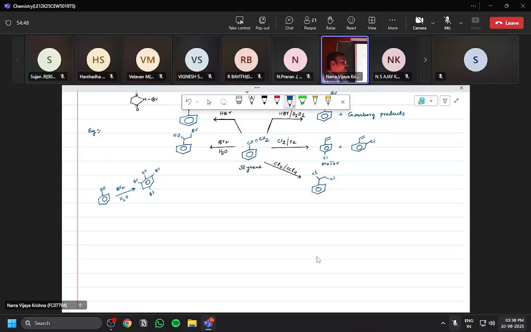Right? Now there is possibility to form Br plus. Br plus can go and attack on the benzene ring also. What type of group is this? Ortho para directing group. So Br plus can attack at ortho and para positions also. So other byproducts are also possible, but we are not much interested in those as of now. In phenols, we will discuss that topic. Clear?